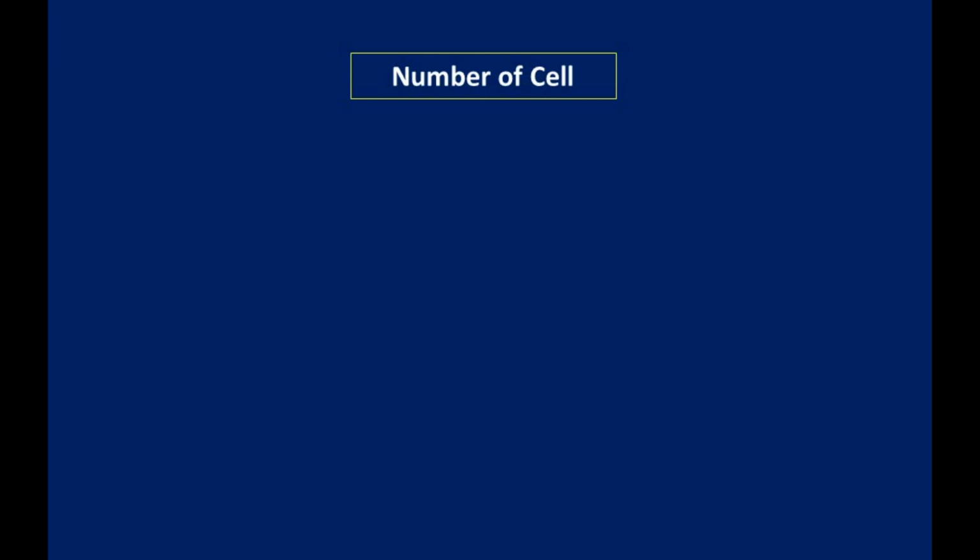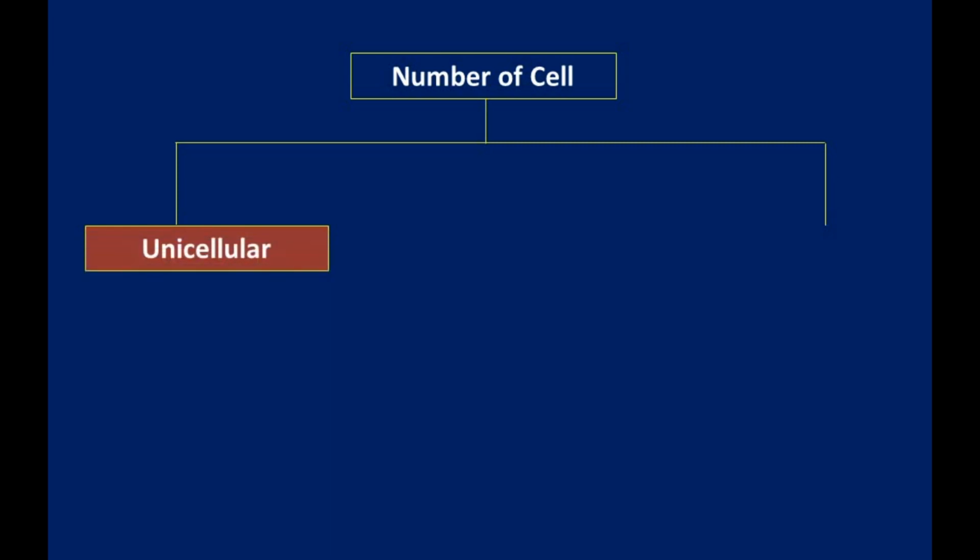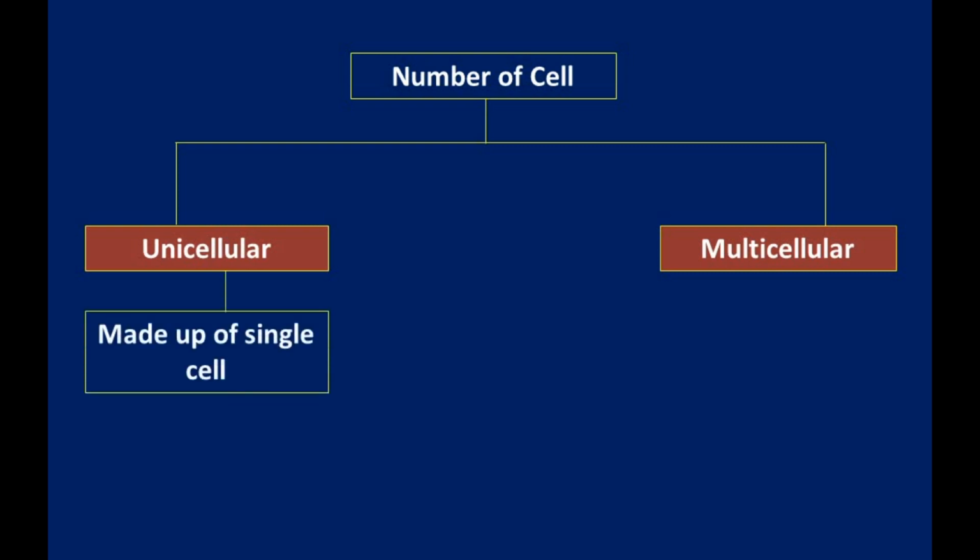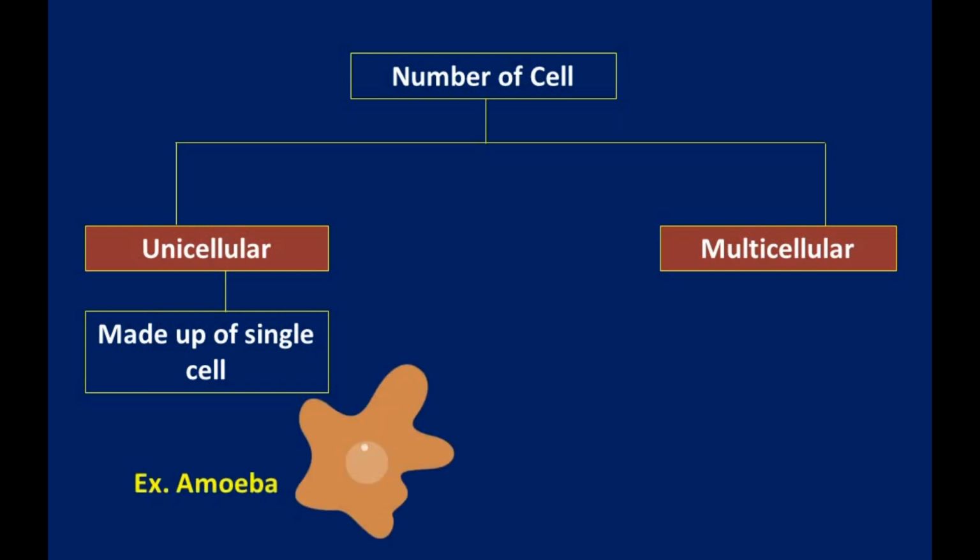Second is number of cells. How many cells are present in the body of a living organism? This organism will be unicellular or multicellular. Unicellular organism means it has only one cell. This organism is made up of a single cell. Example is amoeba. Amoeba is a single-cell organism. It is known as a unicellular organism.